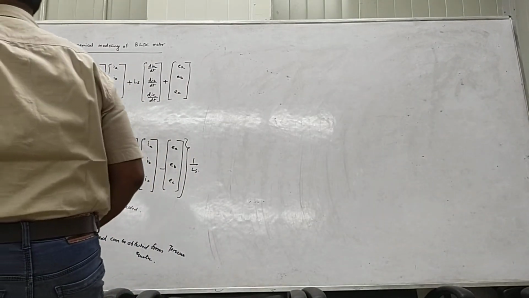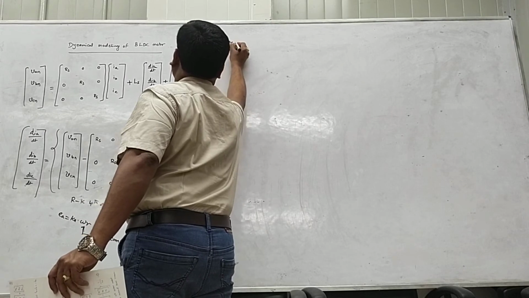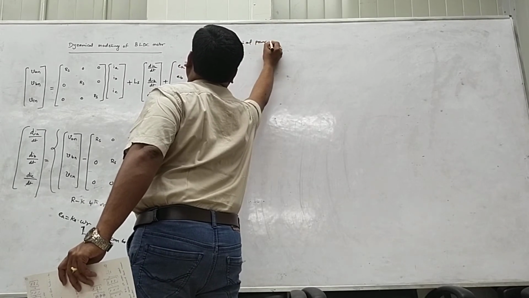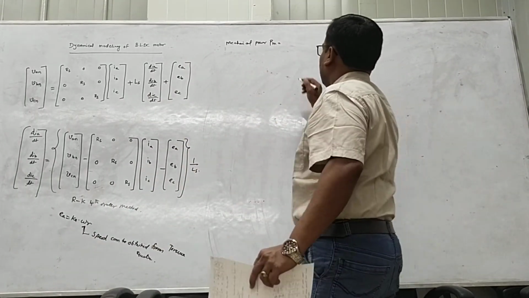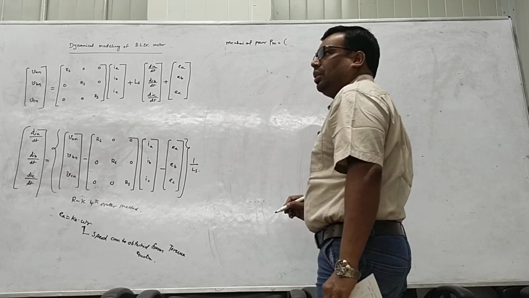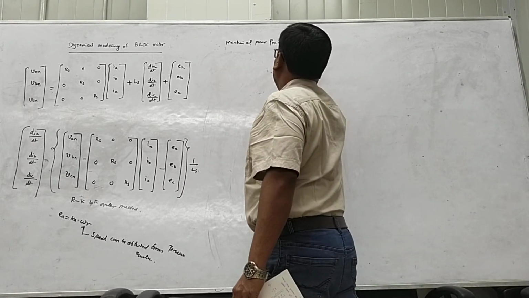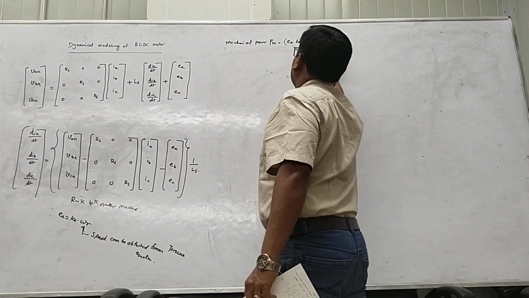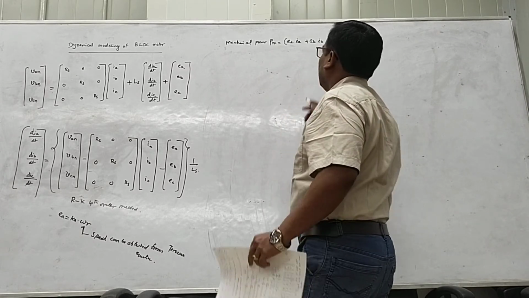The mechanical power Pm is equal to the product of the induced EMF and current in each phase winding, EA into IA plus EB into IB plus EC into IC.